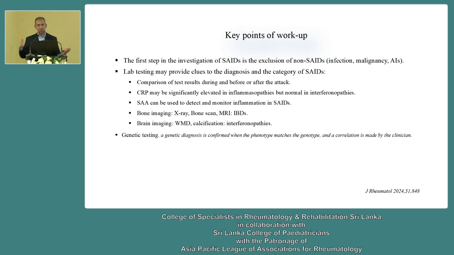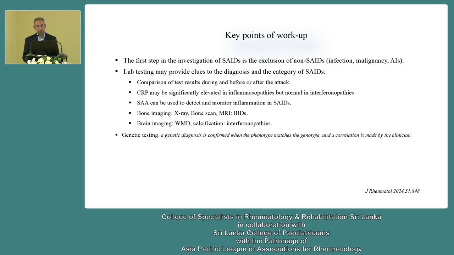Now, as I said, it's a wide spectrum. Some autoinflammatory diseases affect the bones, some affect other organs with prominent system involvement. So if you have a patient with inflammatory bone disease, probably you need to consider X-ray, bone scan, or MRI.